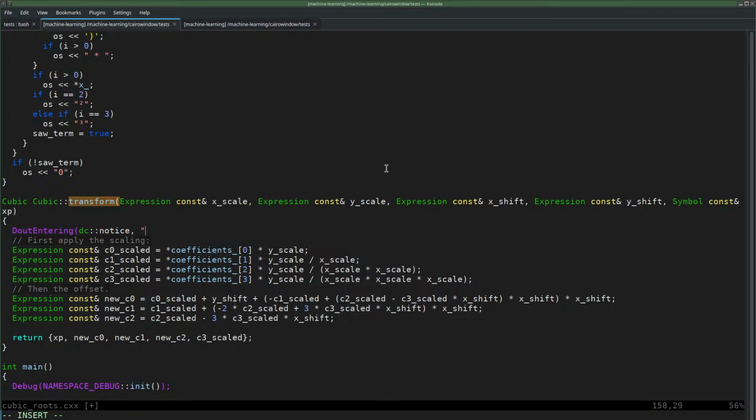Notice transform. Scale. Y scale. Shift. Y shift. XP.